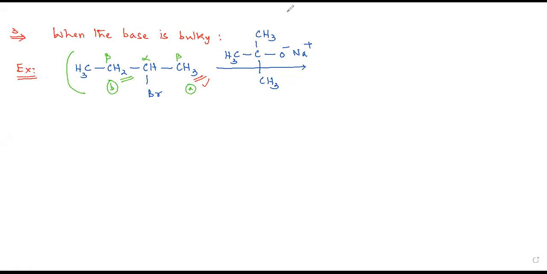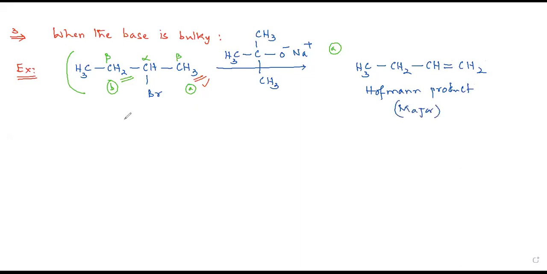Now, possibility A gives us this product, which is Hofmann type. But this is major here because the bulky base, or the sterically crowded base, can easily abstract this hydrogen rather than the second one.